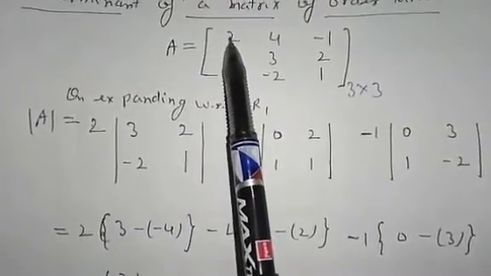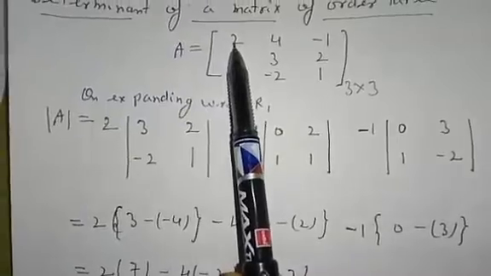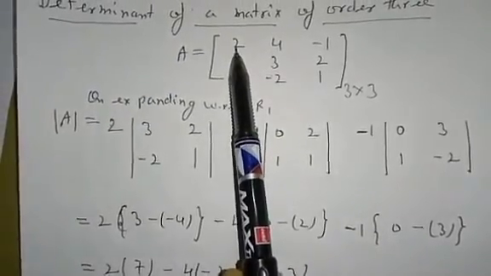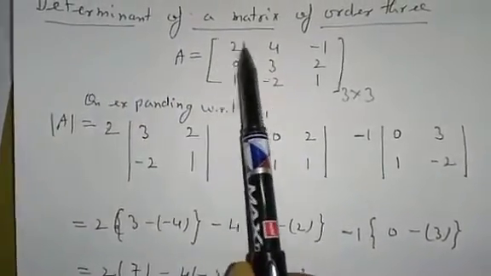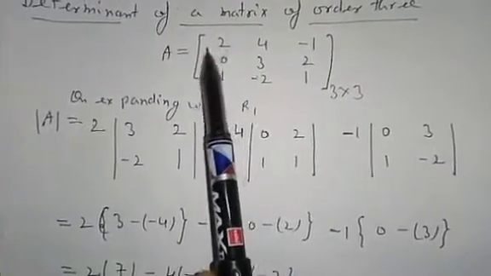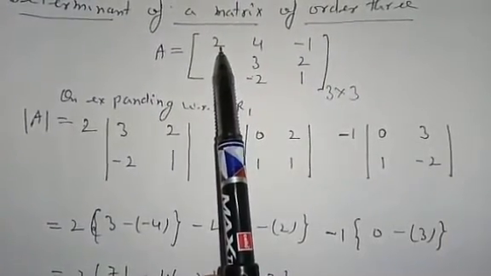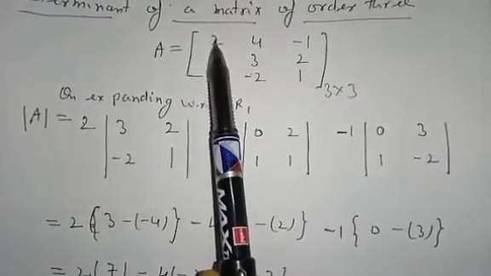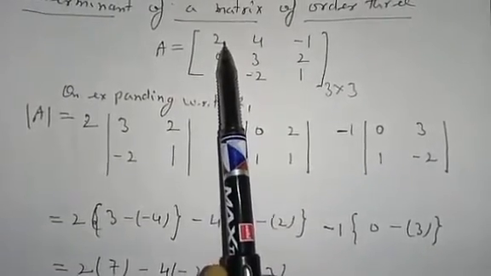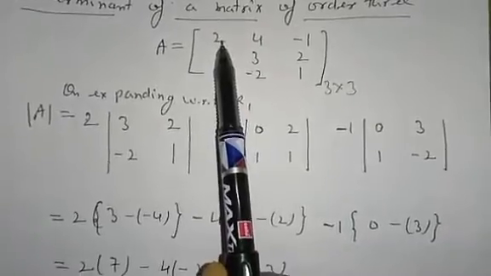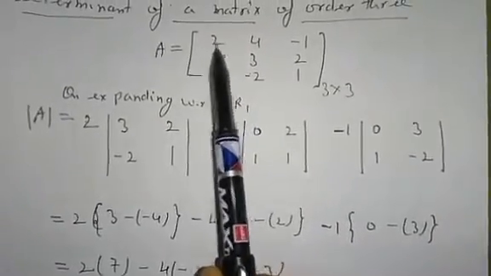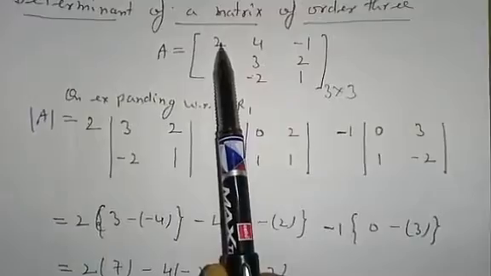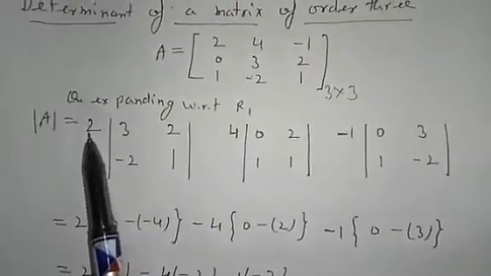So how do we decide whether we will change the sign or not? If the sum of the row and column numbers of this element is even, this is in first row, first column, 1 plus 1 comes 2. This is even, it means even position. So for the even position, we take 2 as it is.